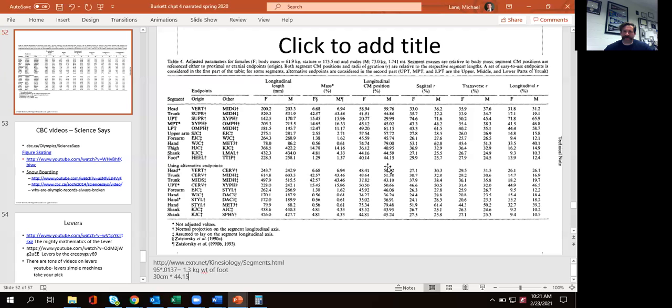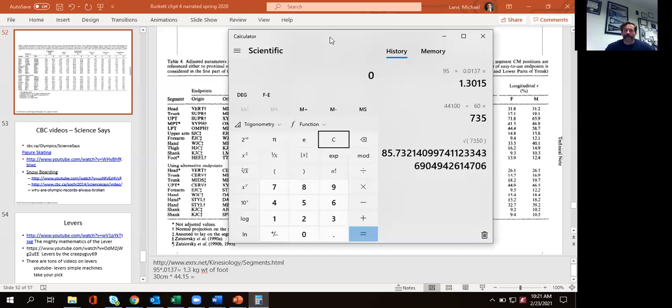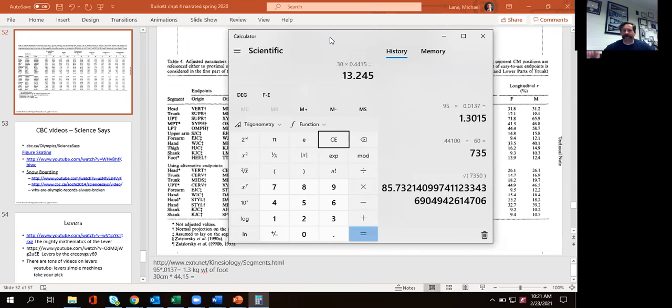44.15. This is going to give me a center of mass at, bring this bad boy on over again, because remember it's 44.15%. So that's why we put 0.44, because it's not like all of a sudden my center of mass is going to be a couple meters past my body. It's obviously inside of that foot.